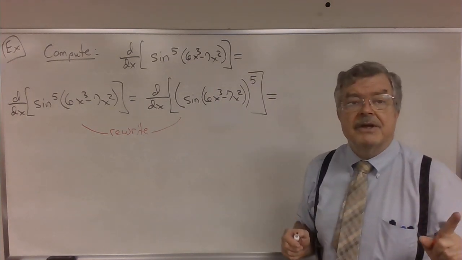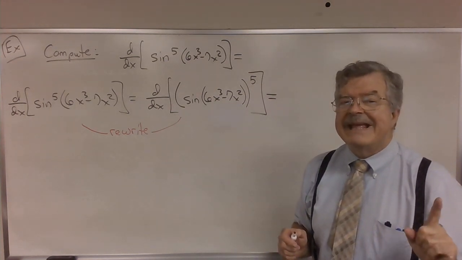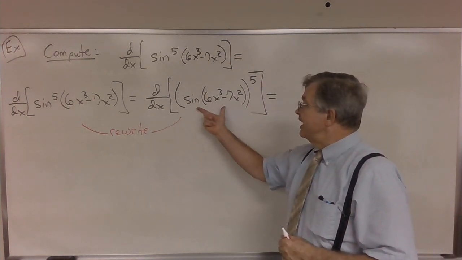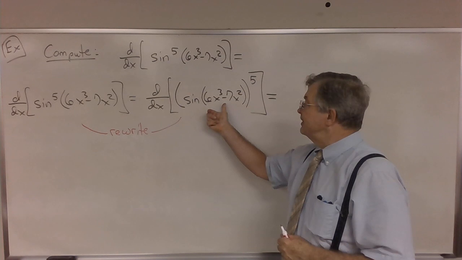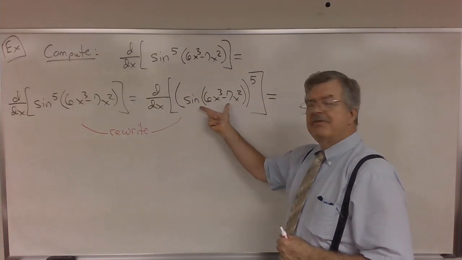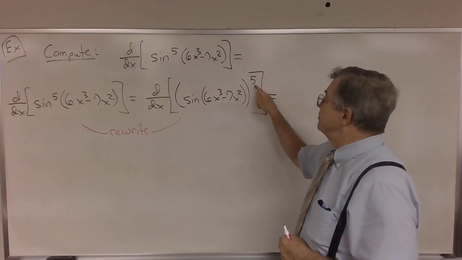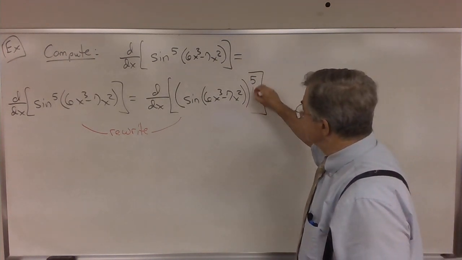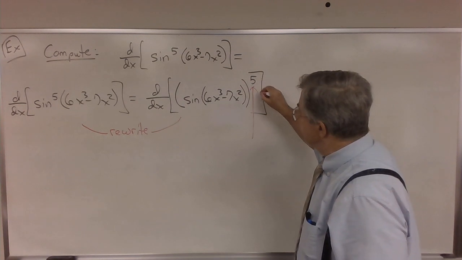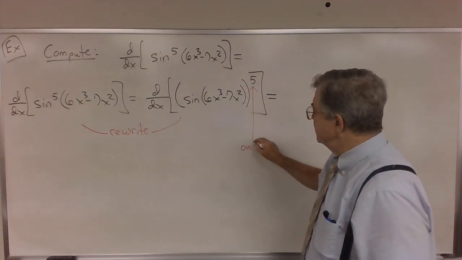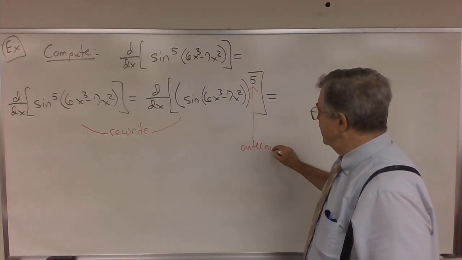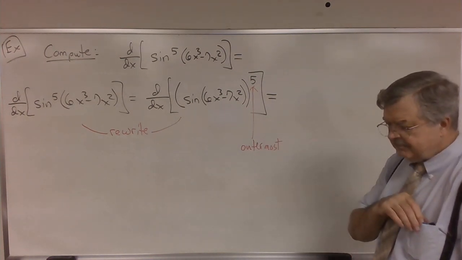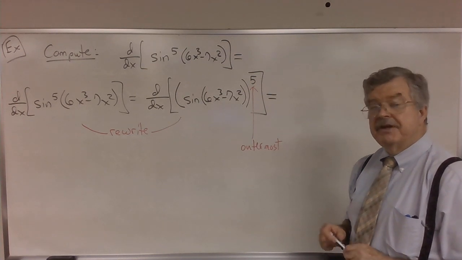The first thing we do, we look for the outermost function. And in this case, we have sine of 6x cubed minus 7x squared, and this whole thing is raised to the power of 5. So the outer function is the raising of something to the fifth power. That's the outermost function. So now how do we proceed?